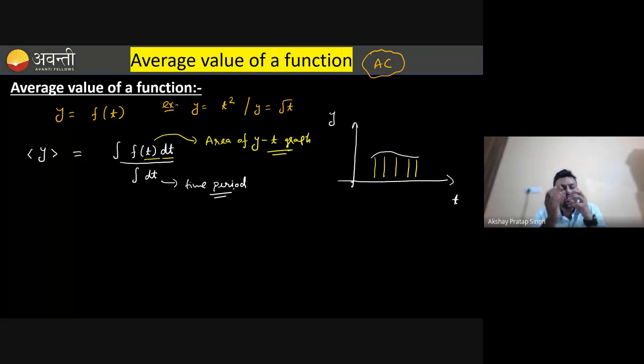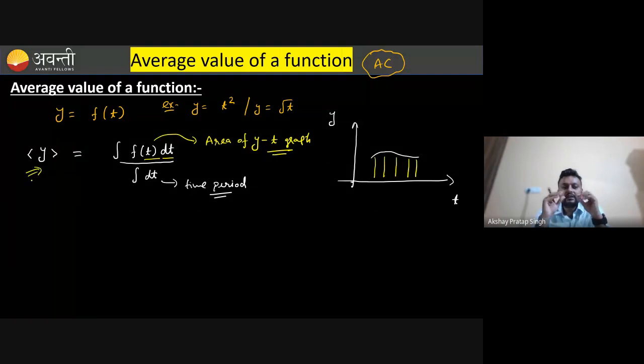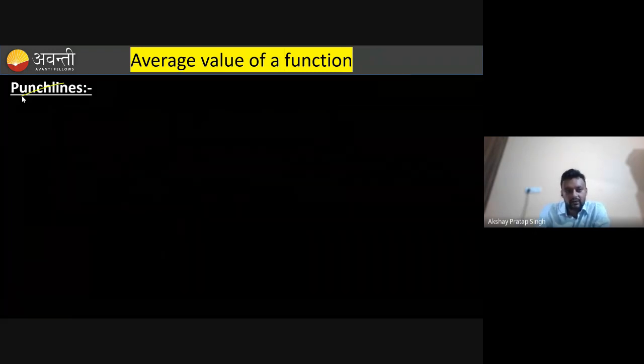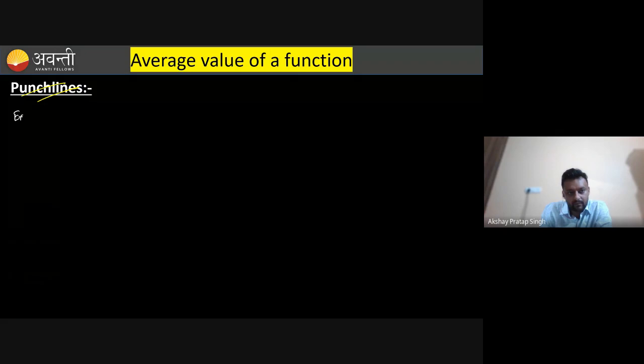If the graph is not given and only the function is given, then you can use the integration form. I will give you an example here and you need to answer it. For example, you have a function y = t².